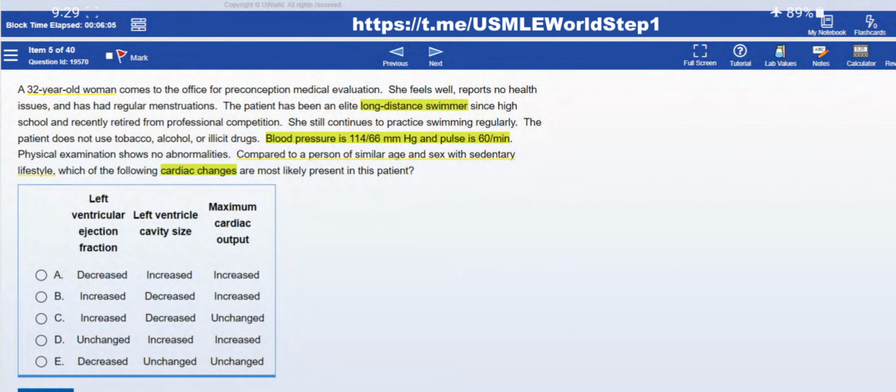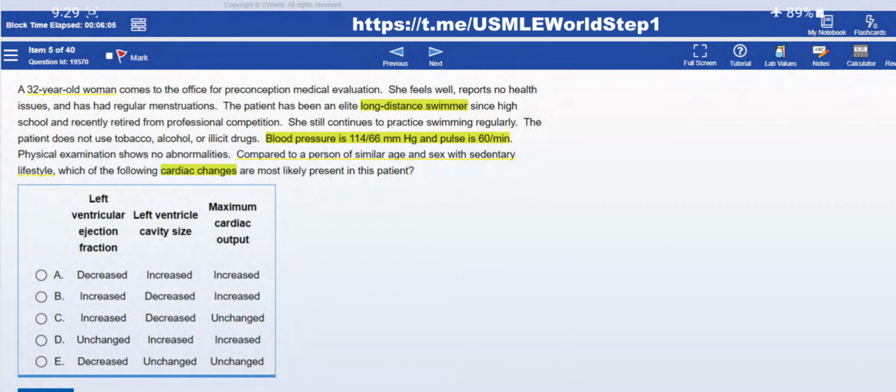Now, in question number 5, a 35-year-old woman comes to the office for preconception medical evaluation. She feels well, reports no health issues, and has had regular menstruation. The patient has been an elite long distance swimmer since high school and recently retired from professional competition.